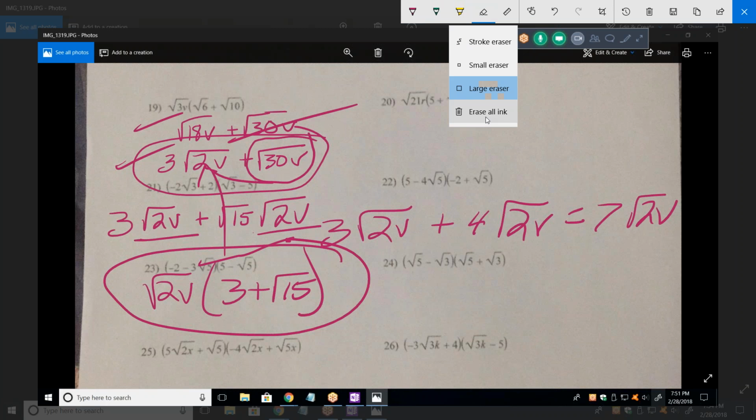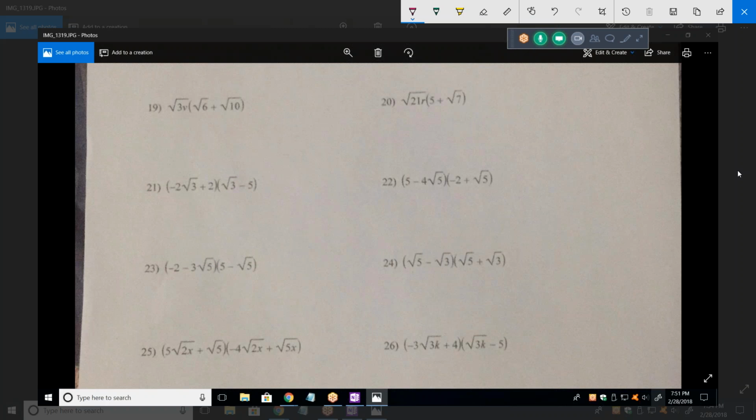And we can do 25 because that one looks hard. Okay. Oh, man. It's not really. It's just a binomial. In other words, you're going to FOIL it, right? And the front would be negative 20 times 2x.